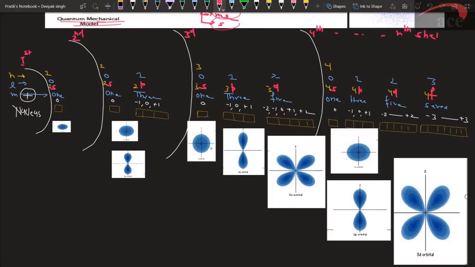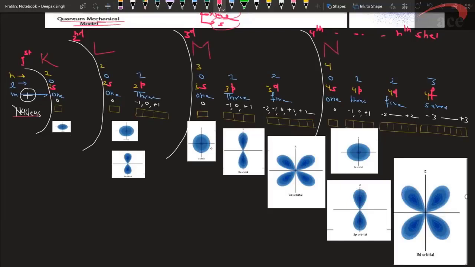Can you see? This is the center of the atom, which is the nucleus, and outside the nucleus there are various circular paths which are referred to as what? Shells. These shells have been given names as well as what? Numbers. This is the K shell, this is the L shell, this is the M shell, and this is the N shell.